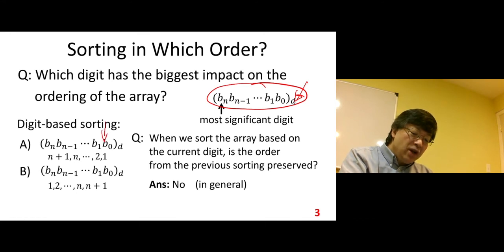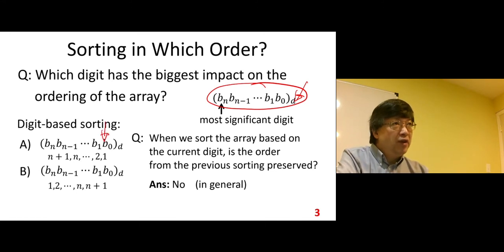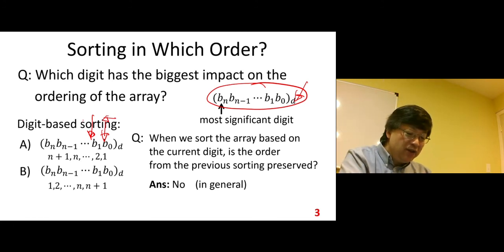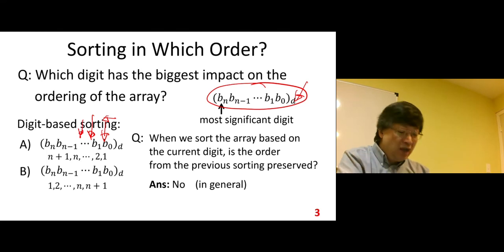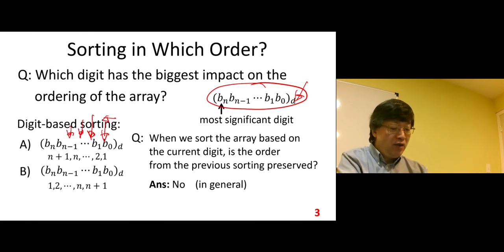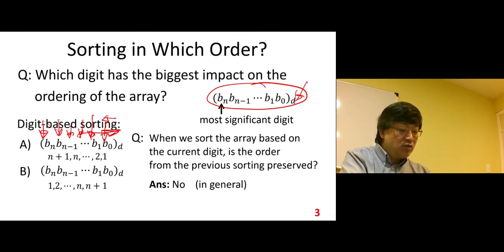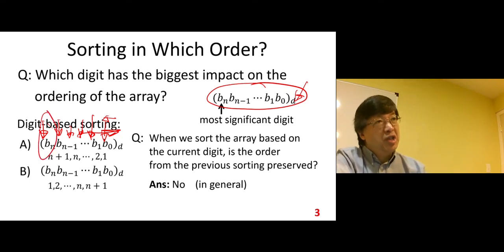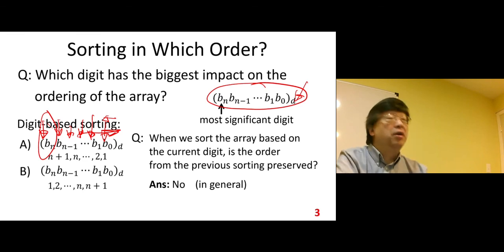When you sort based on the least significant digit first, you get an order, but the second sort changes the order you got from the previous one, and the next one changes it again, so all the previous order is changed. The last one, based on its digit, must be in ascending order, but for the others, you don't know.